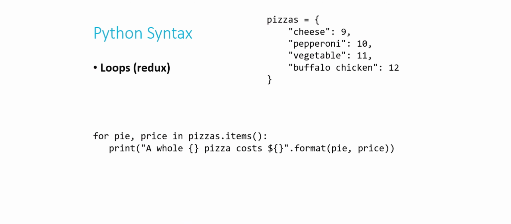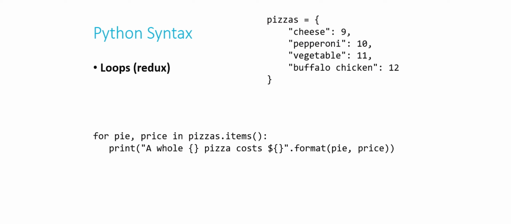Let's say I wanted to print both the key and the value. It's very similar to what I just had before. I'm still iterating over pi and price, and I'm still transforming the pizzas dictionary into a list temporarily so I can iterate over it. And I'm using my print function again here, but now I'm not specifying 0 and 1. I could, and specify 0 in the first one, 1 in the second one.